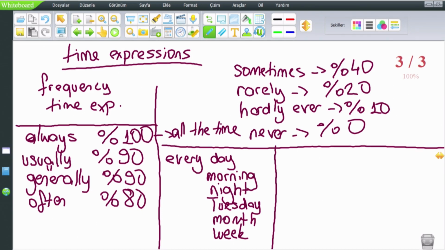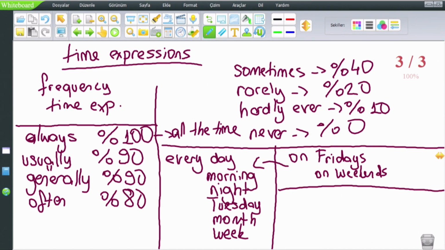Or I can use, for example, on Fridays or on weekends. We add a plural s to the end of this time expression because actually it gives almost the same meaning as every.